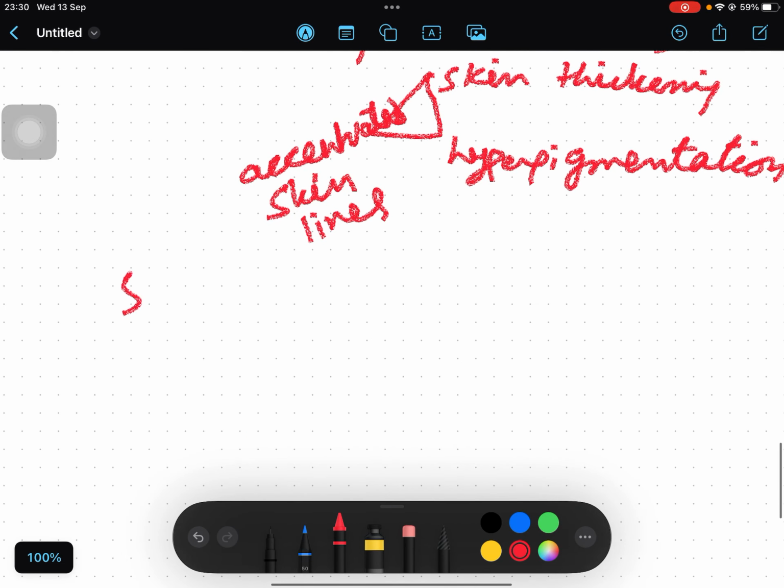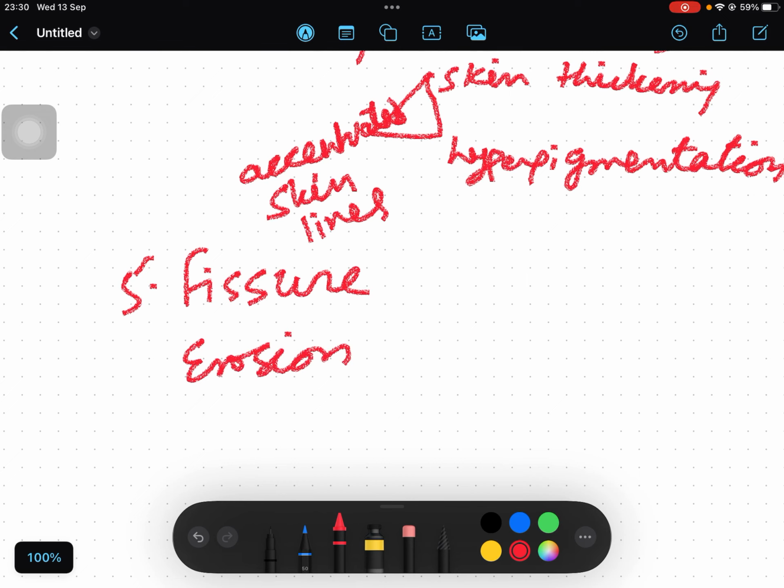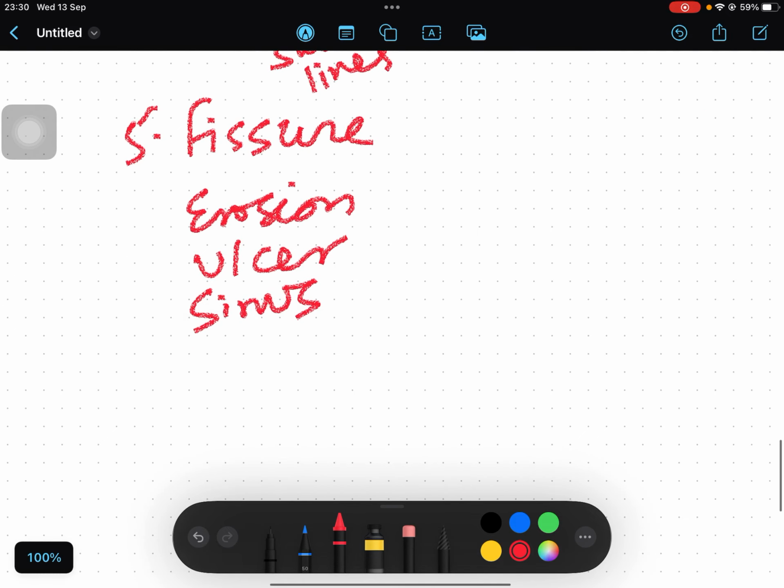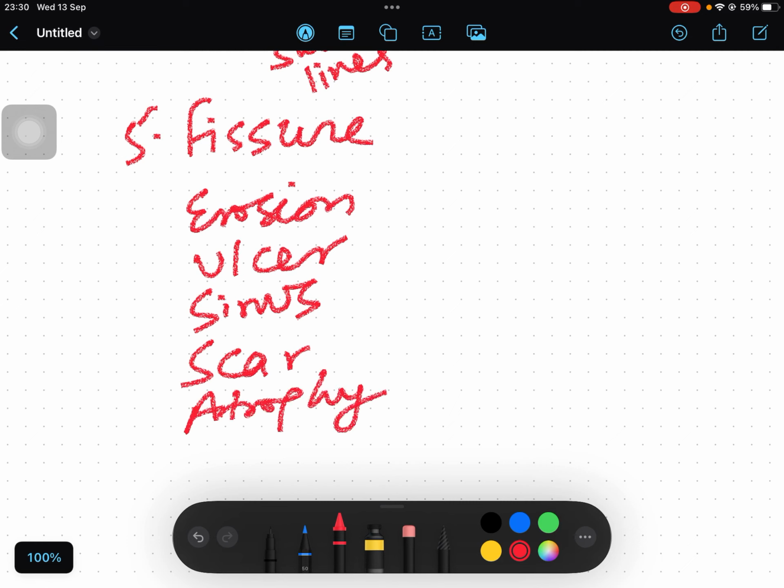So the other secondary lesions are fissure, erosion, ulcer, sinus, scar, atrophy, stria.